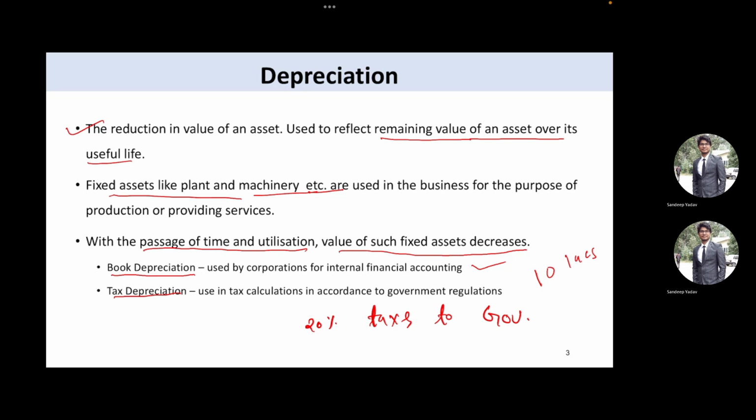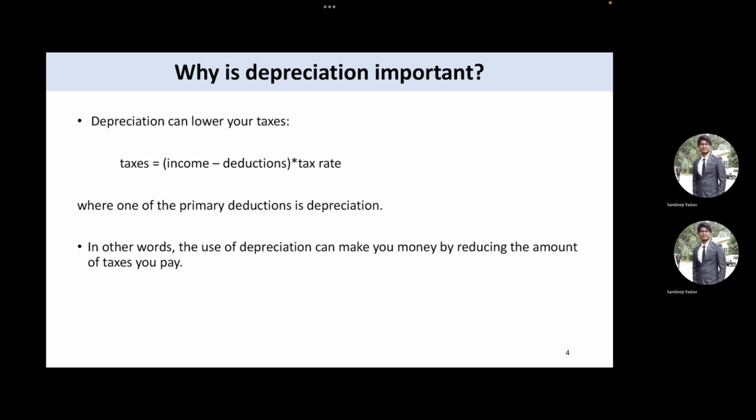But now if they are showing that their machinery is getting decreased by 30% per year, then they have to pay tax only on 70%. It means they are paying tax on less than the original value. The same thing happens with insurance.